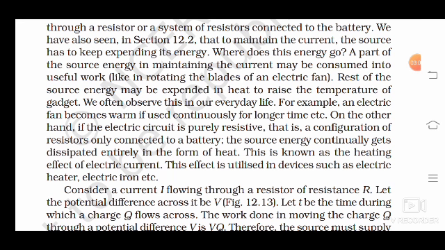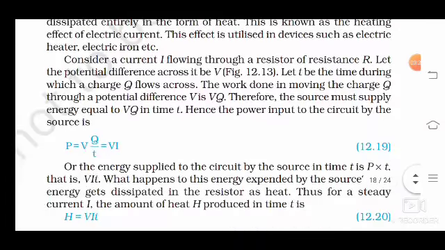On the other hand, if the electric circuit is purely resistive, that is, a configuration of resistors only connected to a battery, the source energy continually gets dissipated entirely in the form of heat. This is known as heating effect of electric current. This effect is used in devices such as electric heater, electric iron, etc.